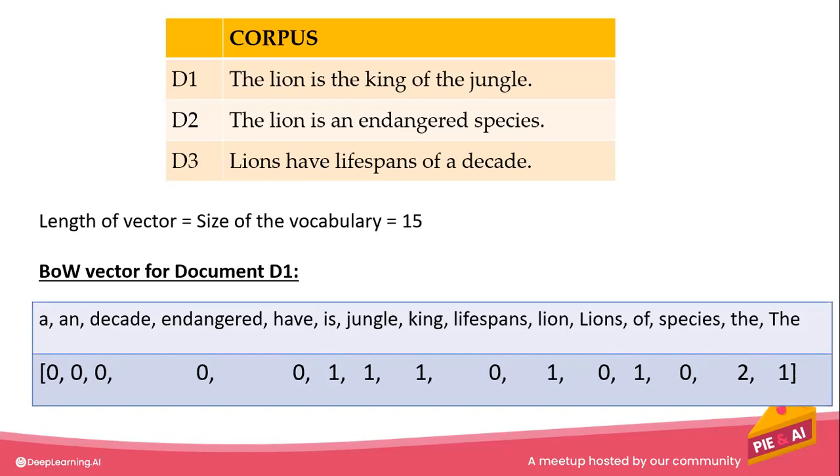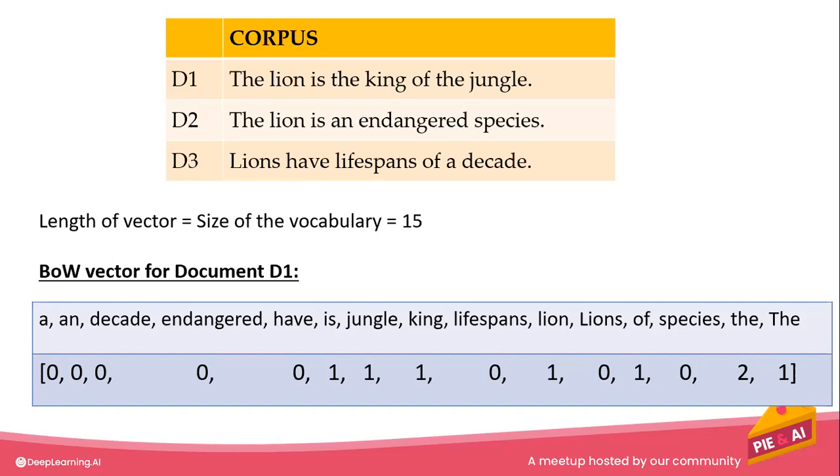For is, we are specifying that yes, it is present one time, then jungle is present once, king is present once, lifespans is not present in the first sentence D1, lion is present once, lions is not present, and similarly. You can see the word the with a small t is present twice in the sentence, so that is why we have written its frequency as 2. Similarly, as per the vocabulary, we write the frequencies for each of the respective documents in the corpus.